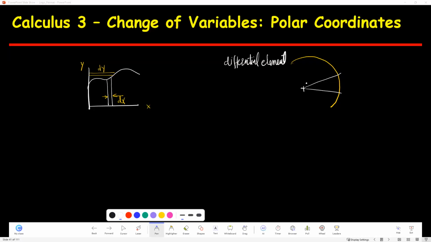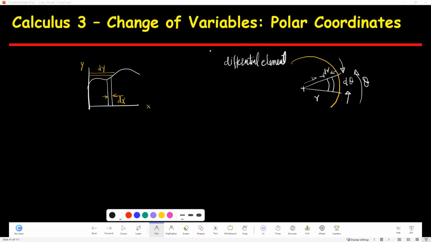Number one, take the element along this axis, cutting from here to there, and call it dr. You also need it this way, and remember, we also have two variables here; they are just used differently. Here we call it d theta. This complete thing is theta, so the part of it is d theta. This complete thing is r, and the little part of it is dr.